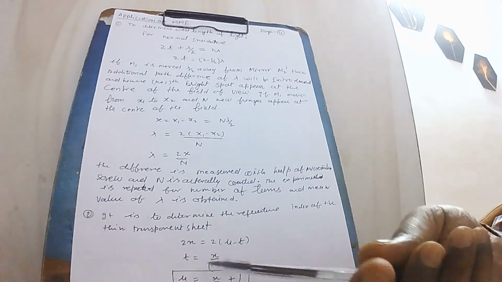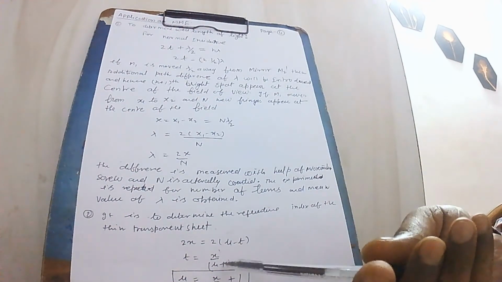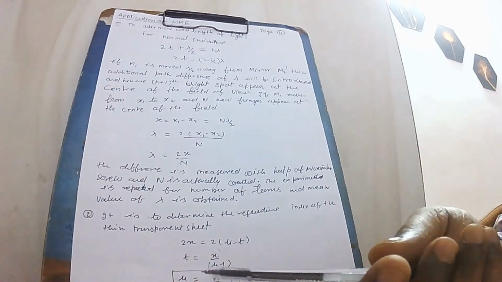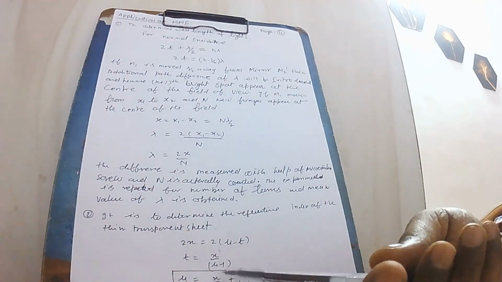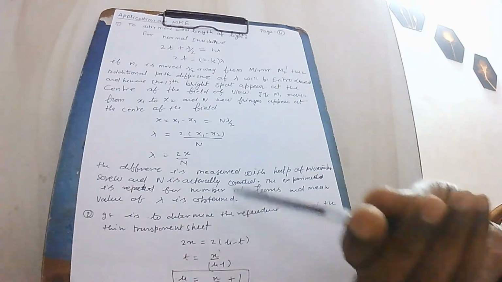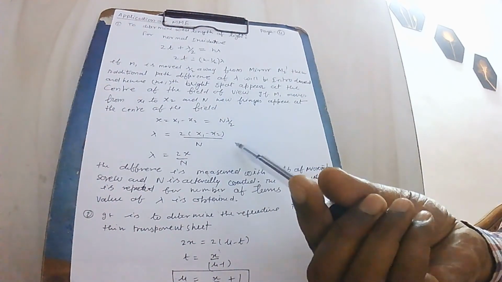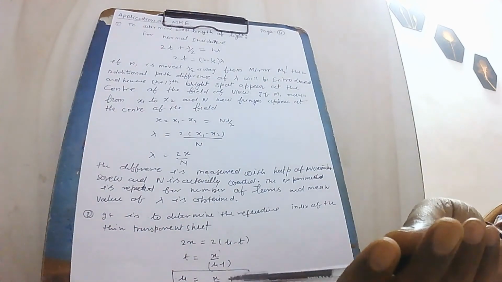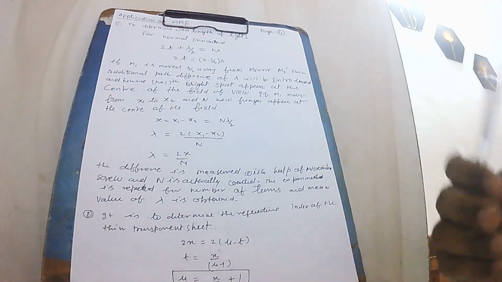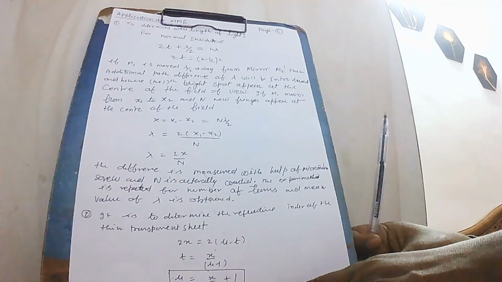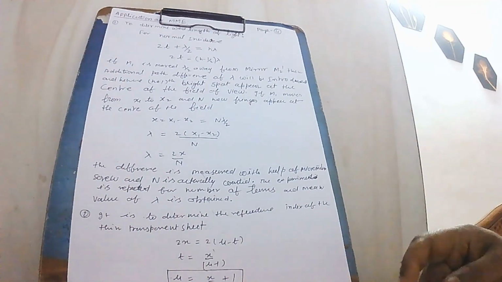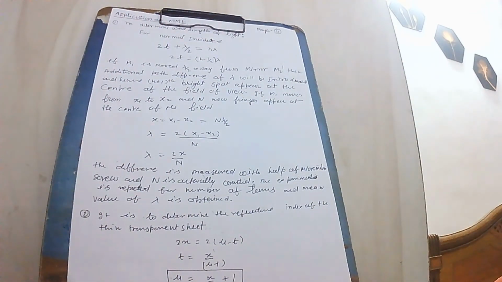So we can find t: x upon (mu minus 1), where t is the thickness of the film and mu is the refractive index, so mu equals x upon t plus 1. The x can be determined as we already did in the earlier case, and by putting in x and t, we can obtain the refractive index of the given medium. Thank you all.